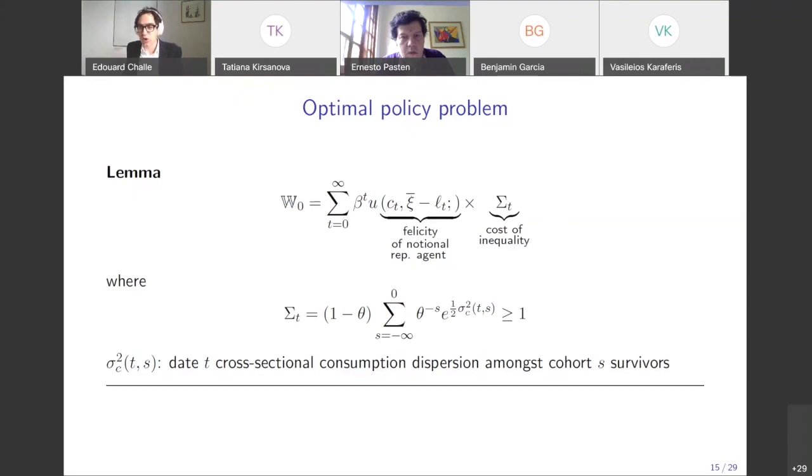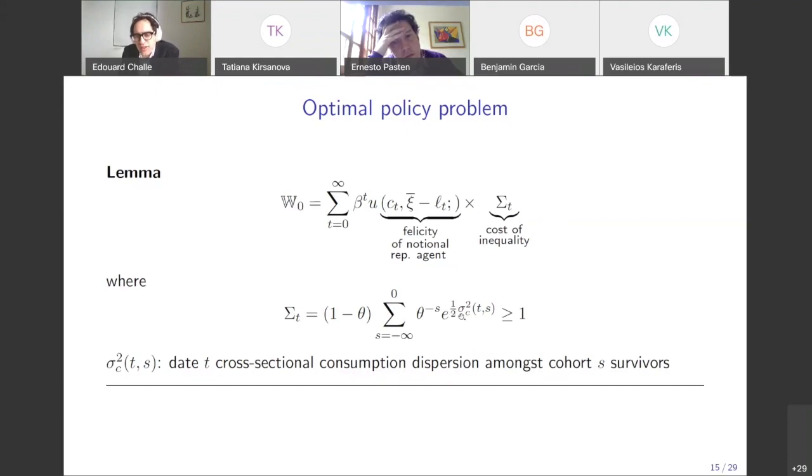So the cost of inequality to him reflects consumption dispersion across agents. It's an inefficient allocation of consumption. The planner does not have a specific dislike of inequality. It's just utilitarian, and so it gives equal weight to everyone. But some agents have more marginal utility than others. Okay.